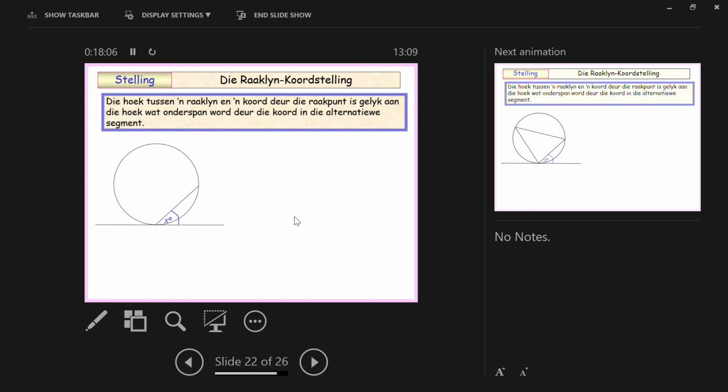Nee? The angle between the tangent and the chord will be the same as, ek gaan nou vir jou 'n driehoekie daar trek, né? Ek onthou hom altyd so. Sien jy hierdie hoekie lê op daai sy. So across that side, this one will be the same as that angle.